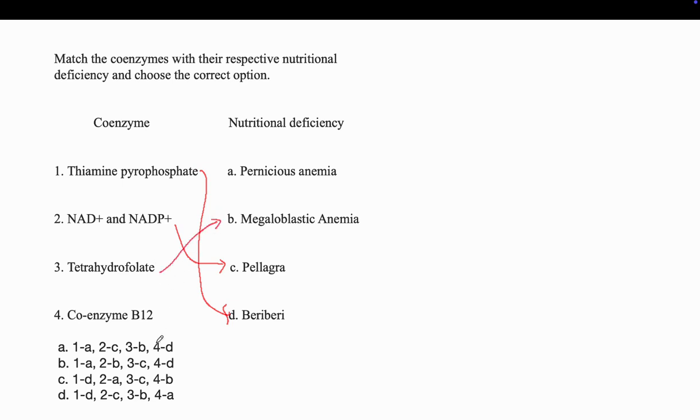Option B. And coenzyme B12, which is involved in different reactions, can also lead to pernicious anemia. So both tetrahydrofolate and coenzyme B12 are responsible for different types of anemia. So the correct option is D.